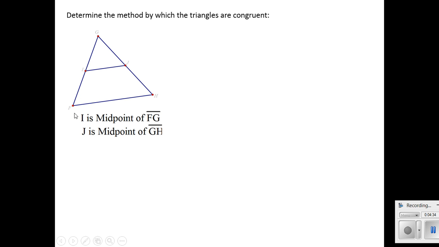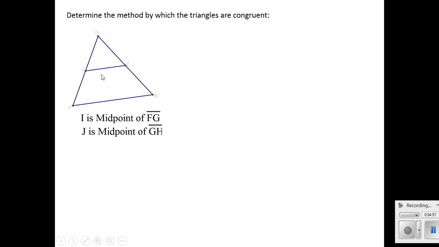Okay, so here we have one triangle kind of embedded in the larger triangle. Because we have that the midpoint of the sides are given, right? And so there's a couple of things that we could argue, okay?